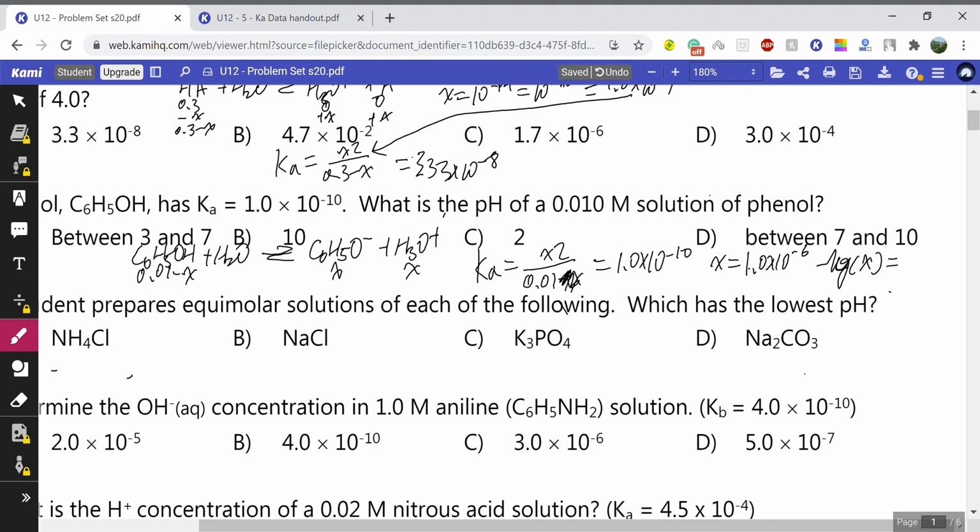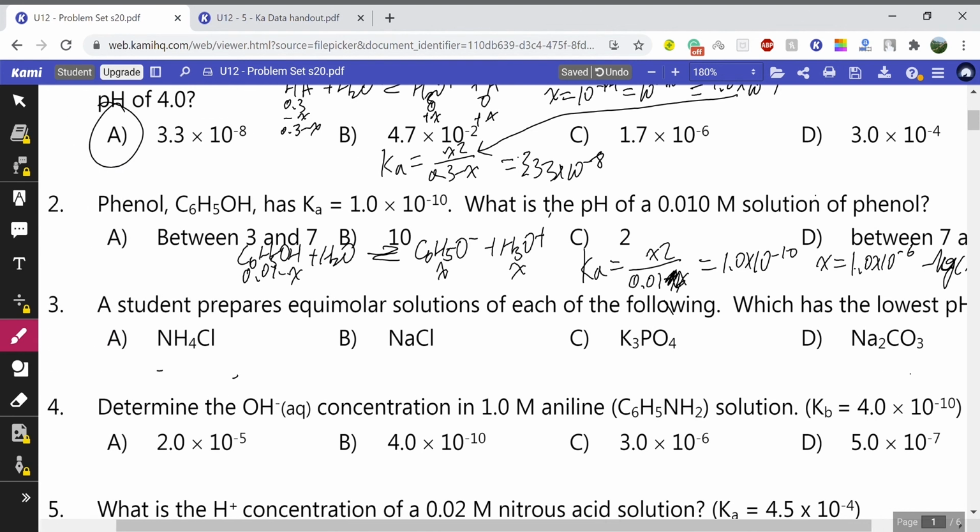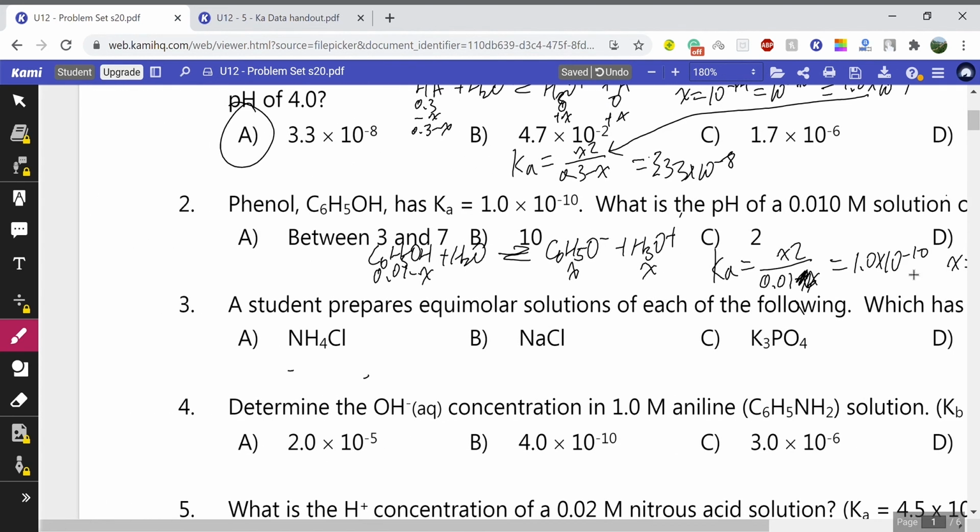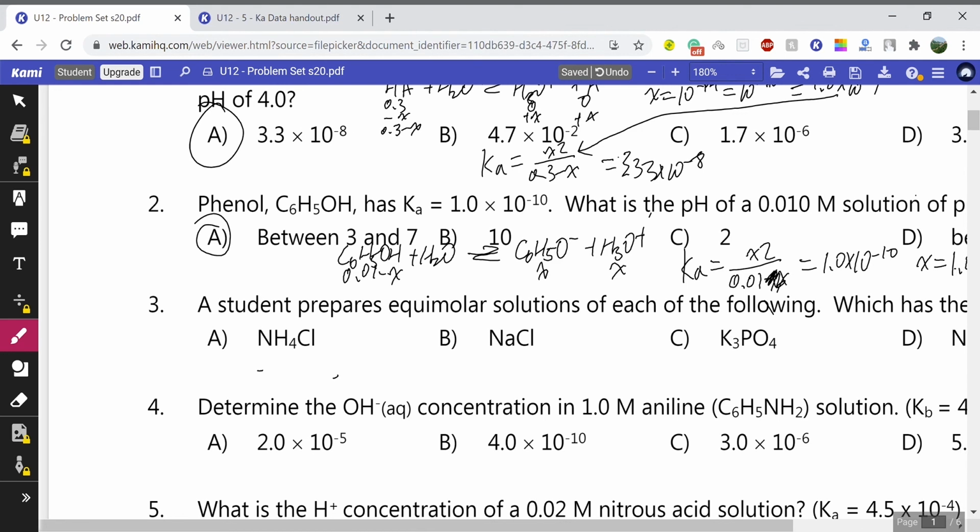Negative log of 1.0 e to the negative 6 gives a pH value of 6.